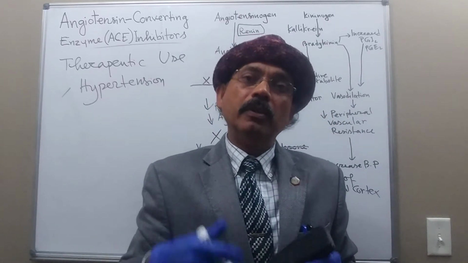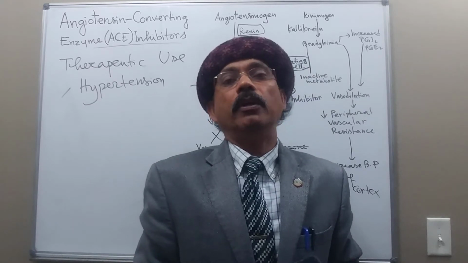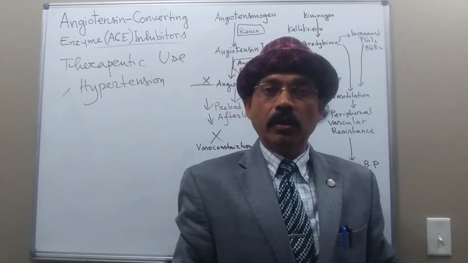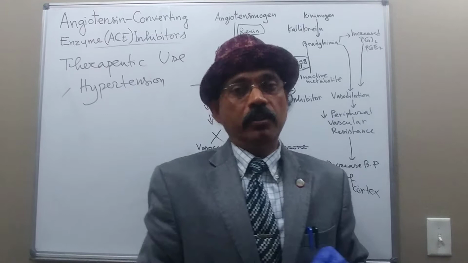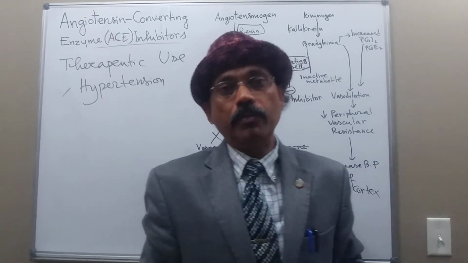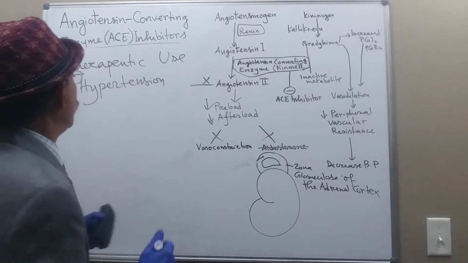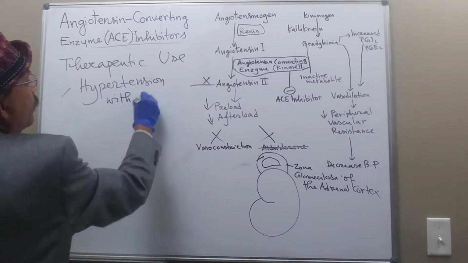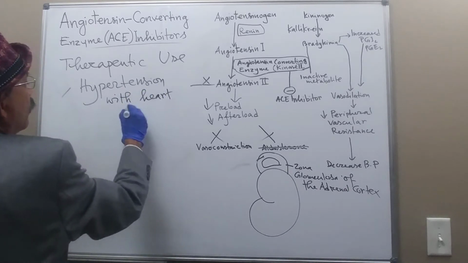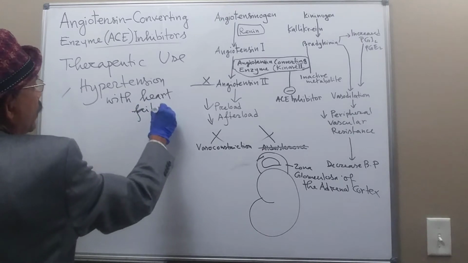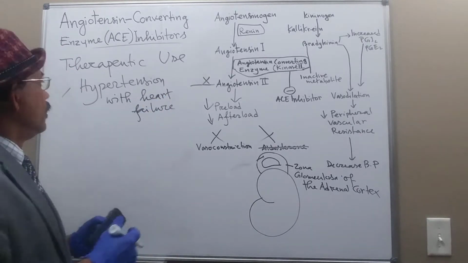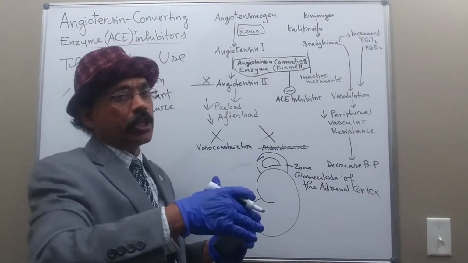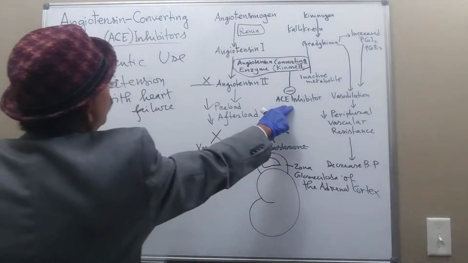It retards the further deterioration of the heart. So a heart failure patient will not be worsened. Further damage is prevented by the ACE inhibitor. So hypertension with heart failure, it is a drug of choice. Further failing is retarded, or further pathological changes in the heart will be halted or retarded by the action of the ACE inhibitor.